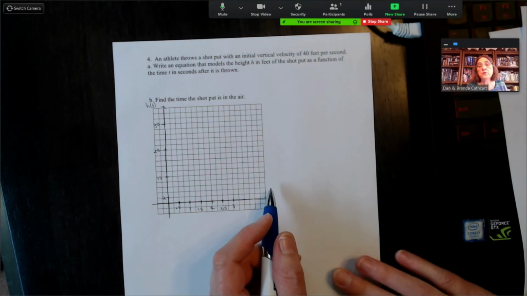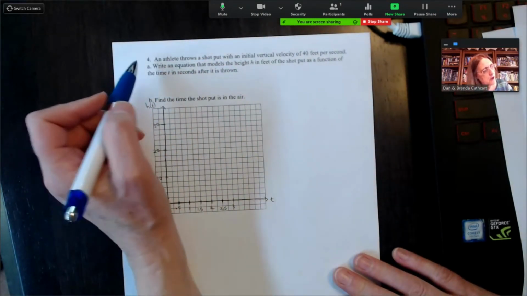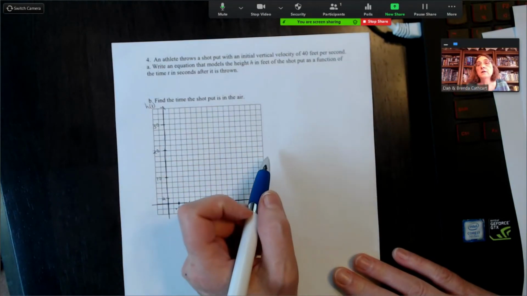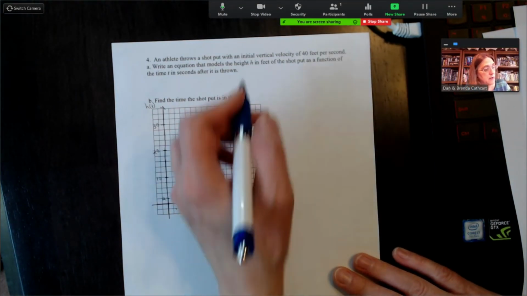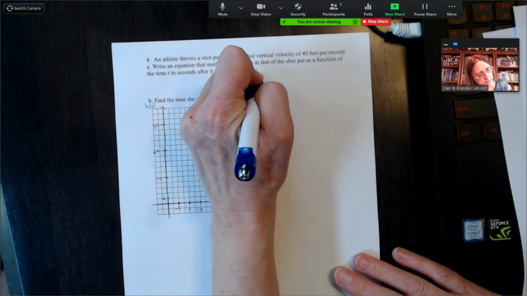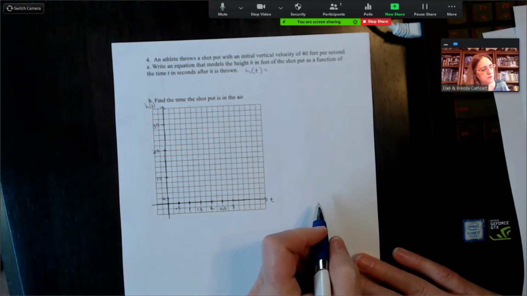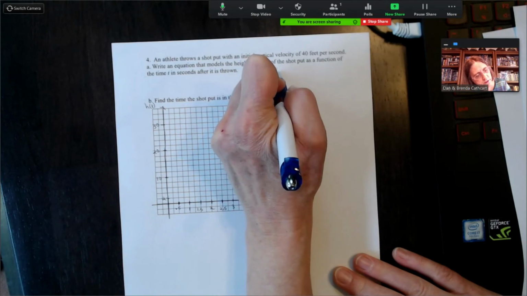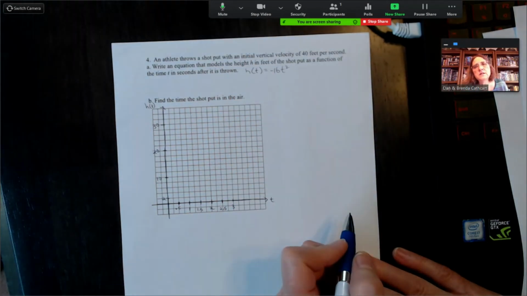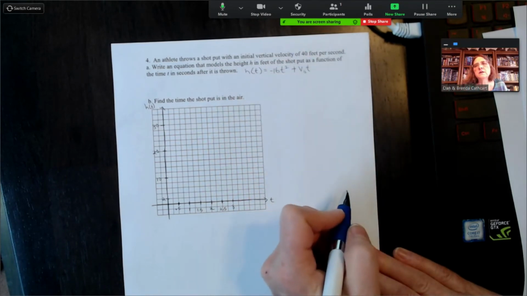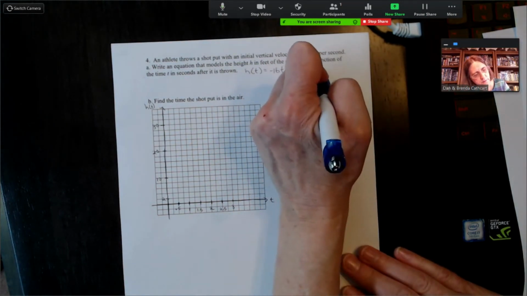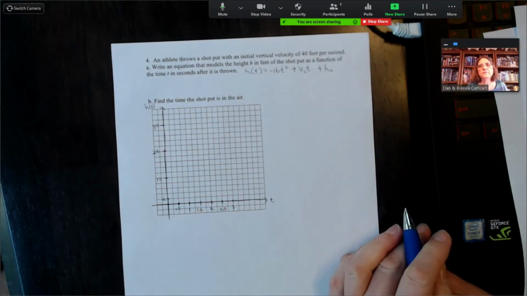We learned in a previous lesson that the rule for an object or a projectile that's thrown or shot into the air is the height after t seconds, h of t, is equal to negative 16t squared plus our initial velocity times time plus the initial height.